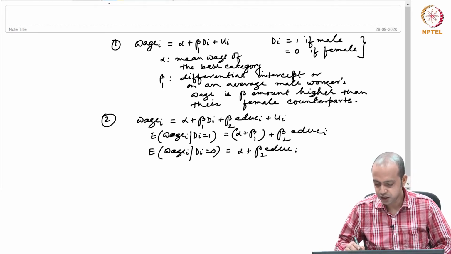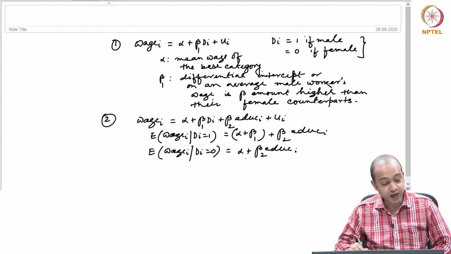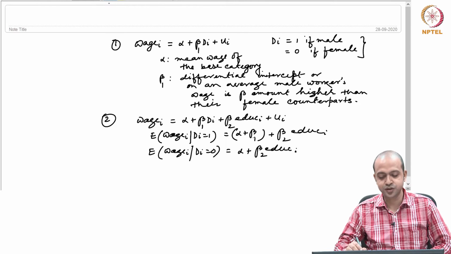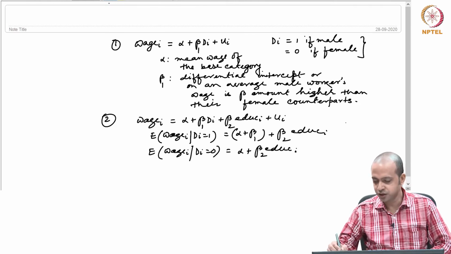So, for the female category the intercept is alpha, and for the male category it is alpha plus beta 1.